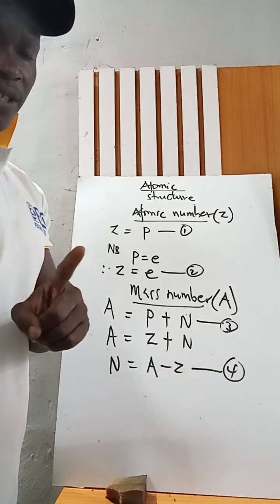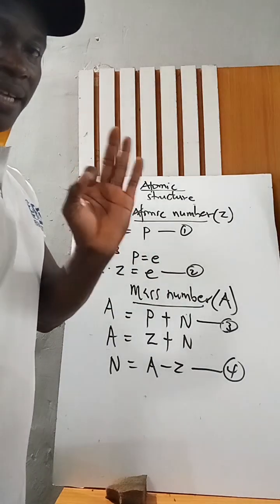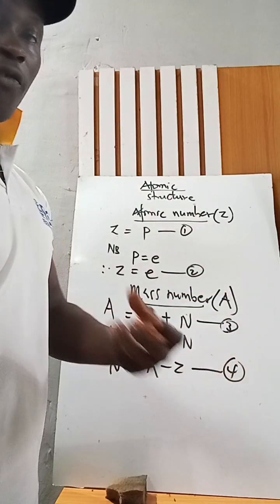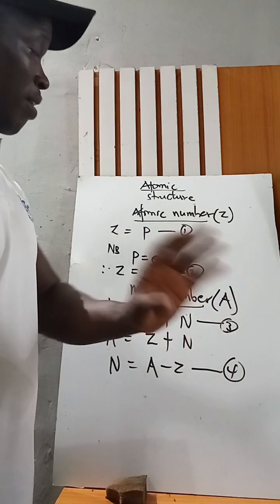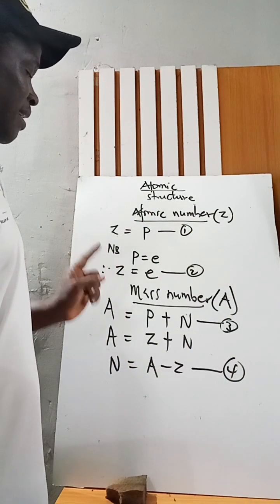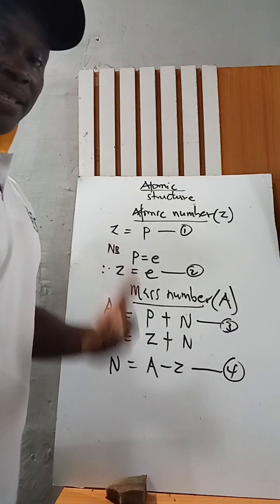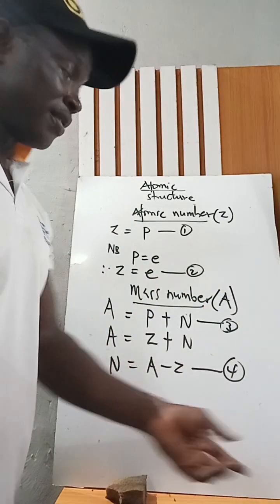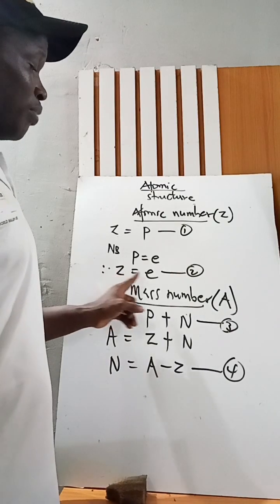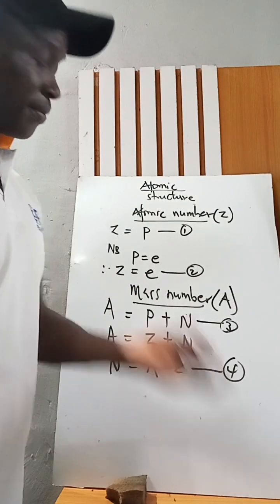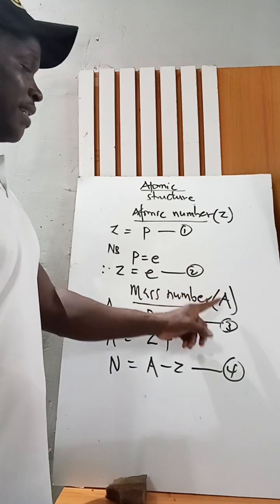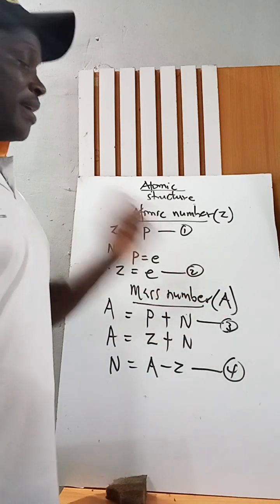Remember I said an atom is electrically neutral when the number of protons is equal to the number of electrons. So what is the implication? It means that if proton is equal to electron, atomic number can also be the number of electrons.